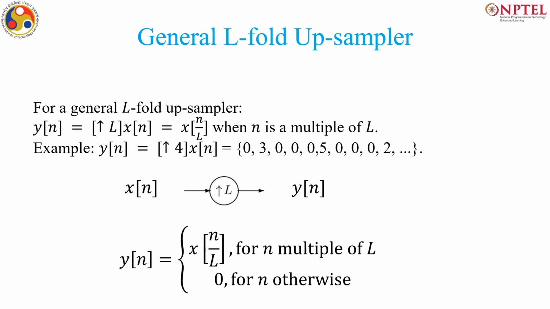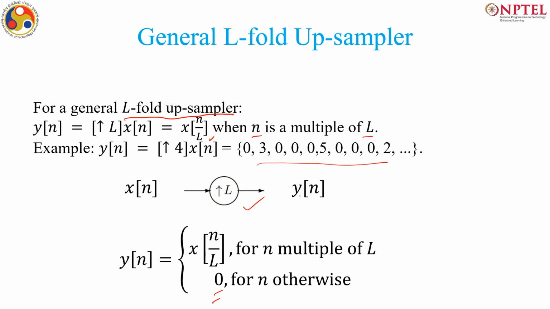So, in general, if I do an L-fold upsampling, then my signal is represented as x of n by L, where n is a multiple of L, because at other values of n I am plugging in zeros, and this is the symbolic representation of this upsampling process, and this is the example.